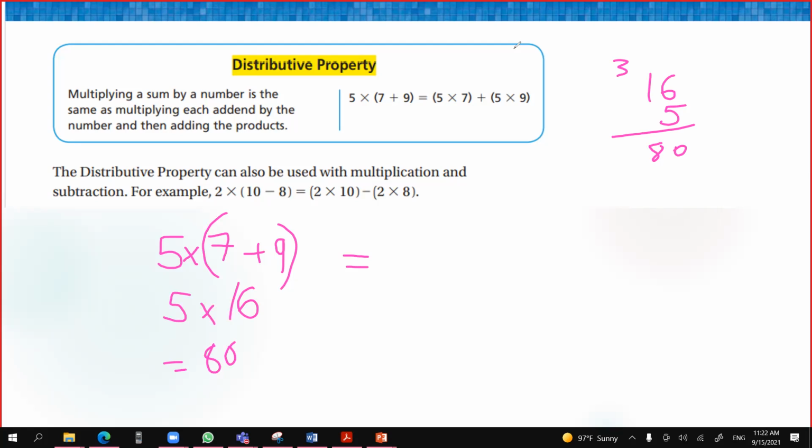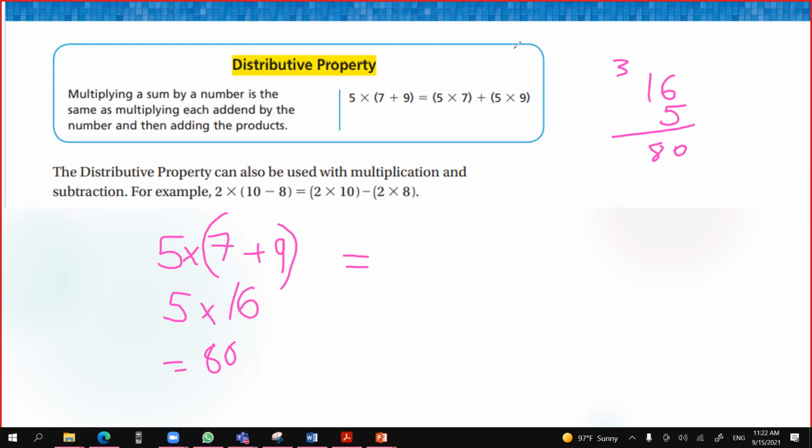Now this is one way, but there's a property that says if you multiply the number 5 with each addend, you get the same answer. What do I mean? From its name, distributive.